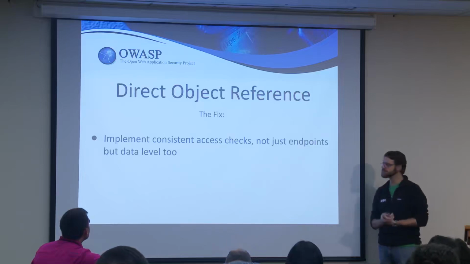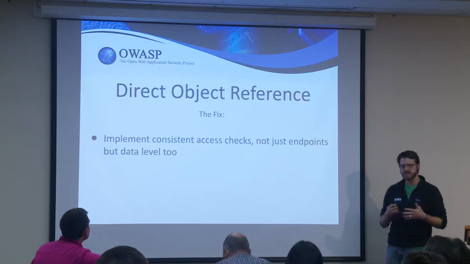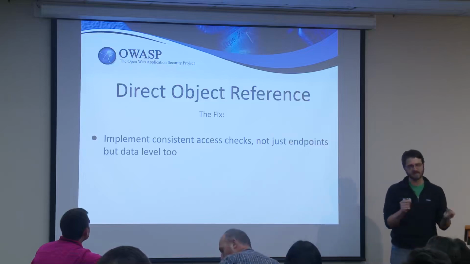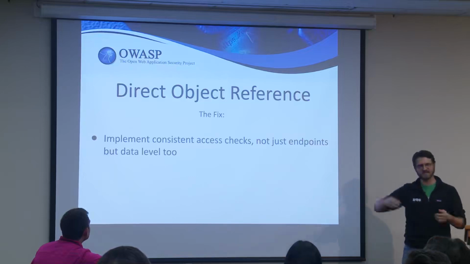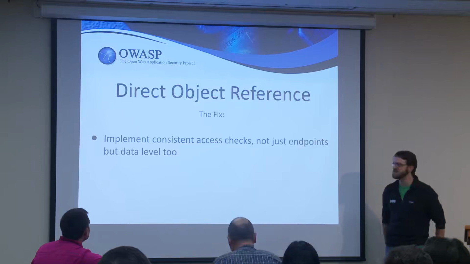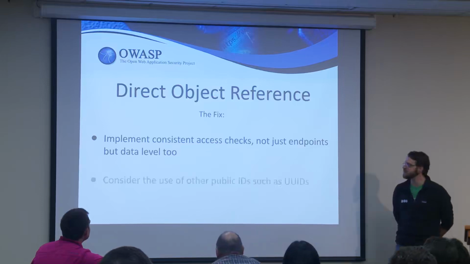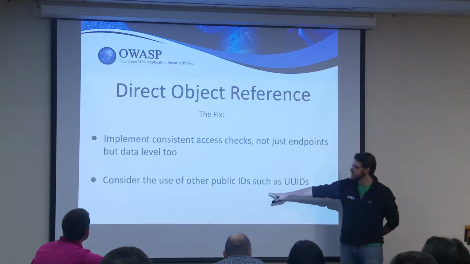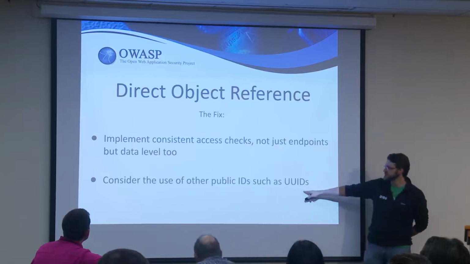Because with ORMs and helpful functionality like that, it's super easy to just say, select all this information and then spit out all that information. And if you're not filtering it based on what you need to, then you could be exposing a lot more than you should.